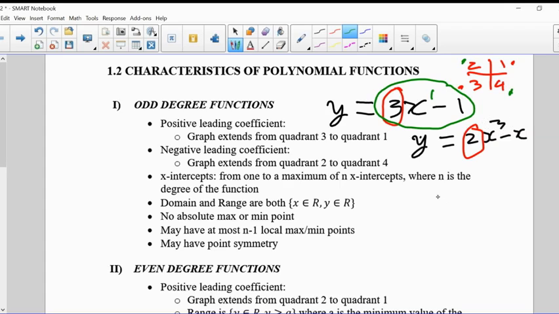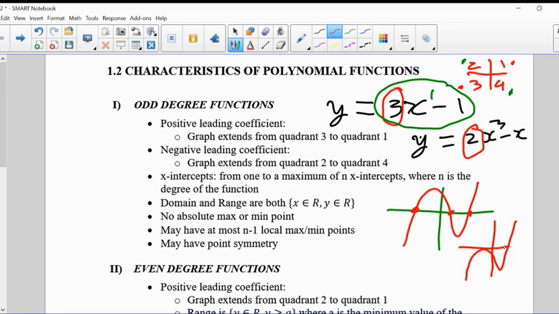I'll give you an example of what that might look like. Here is a degree 3, a cubic function, that looks something maybe like this. As you can see, it has 3 distinct x-intercepts, one here, here, and here, but it might have 2. What if it looks like this? It bounces here, then it goes through here.